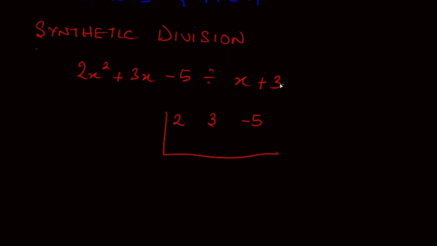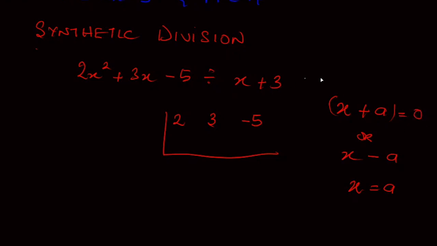Now, our divisor is given in the form of x plus a, or x minus a. You can see this is x plus 3, which looks very similar to x plus a. So we are going to find the root, x is equal to a, which means you have to equate this to 0.